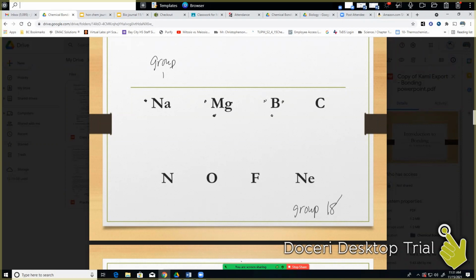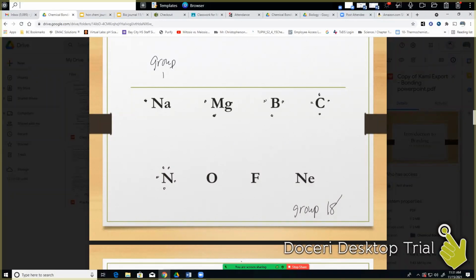Carbon, group 14, so 4, a single on each side. And finally, when I get to nitrogen, it has 5 valence electrons because it's from group 15. So now I'll do my double up. I'll still put 1 on each side. And then I'll finally be able to double up on that. So y'all finish those out: oxygen, fluorine, and neon.